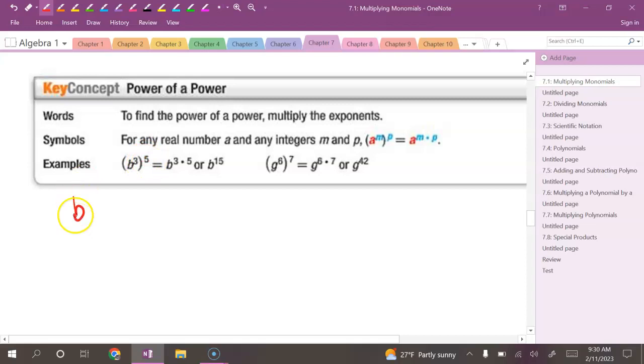That would look like this: b to the 3rd times b to the 3rd times b to the 3rd times another b to the 3rd, and finally one more time. There's 5 of them. Now remember though, b to the 3rd means that you're doing b times b times b, and I'm doing that 5 times.